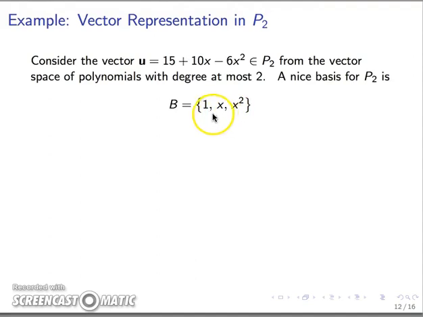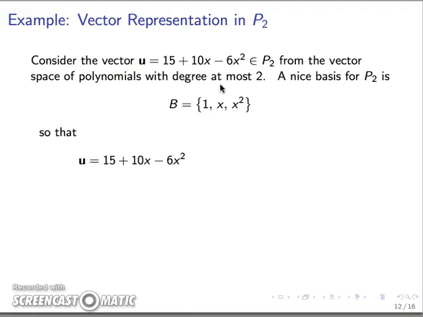So let's consider what is known as the standard basis for polynomials of degree 2. Now this set B contains the quantities 1, x, and x squared. This one really is x to the 0. We could represent that arbitrary member of P sub 2 as a linear combination of these basis elements.